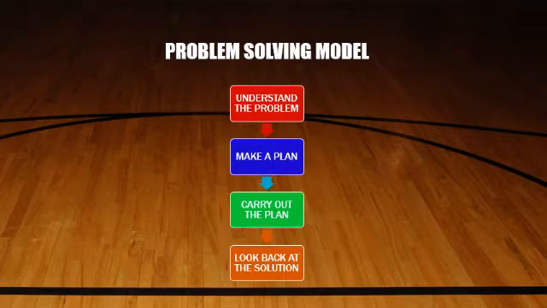In this step, we think which technique is the best to solve the problem. The third one is carry out the plan. In this step, we carry out the plan that we just made to solve the problem and get the correct answer.